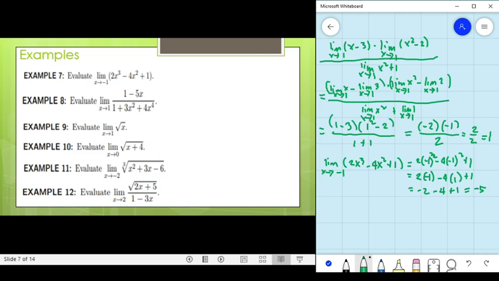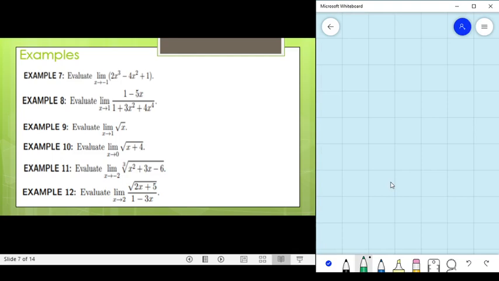Okay. Next is number 8. Number 8 is about a quotient, wherein if we substitute x in the denominator with 1, it should be 1 plus 3 times 1 squared plus 4 times 1 to the 4th.